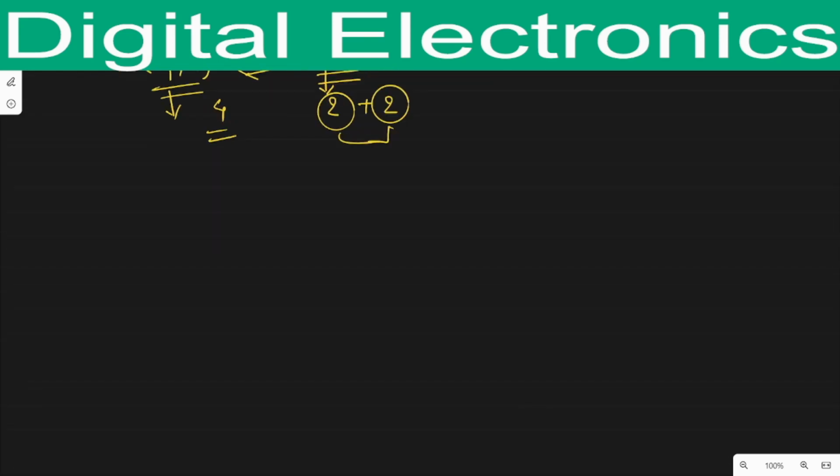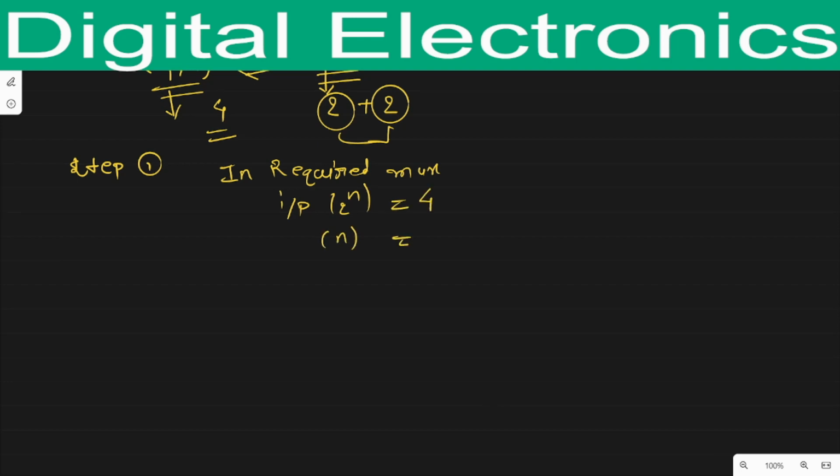Now, how can we design? Step number 1. In the required mux, number of inputs equals 2 raised to power n equals 4, so small n will be 2.